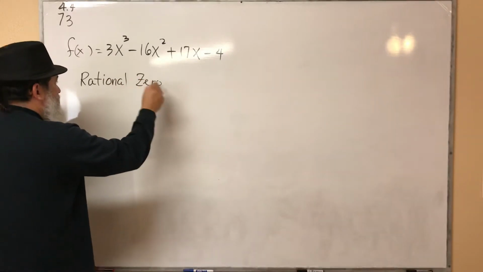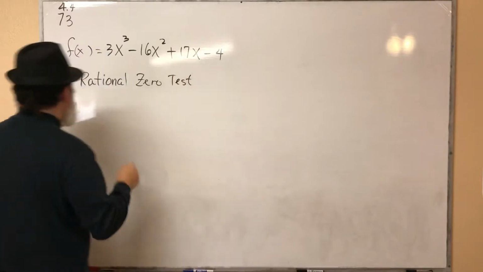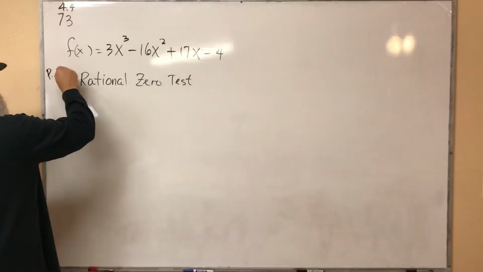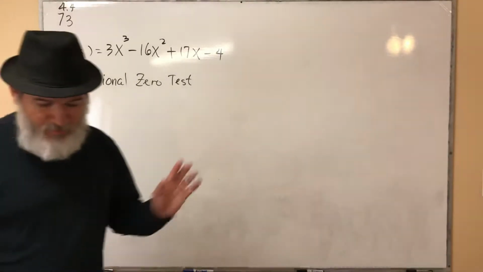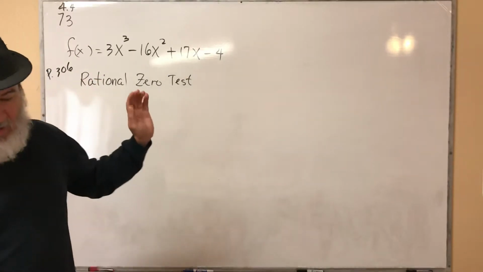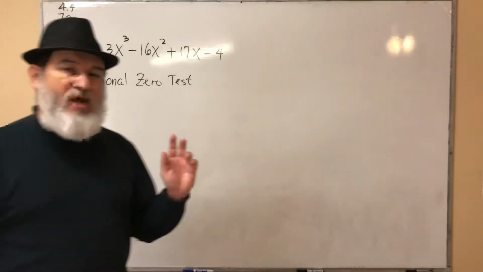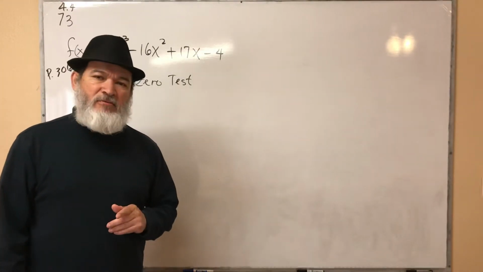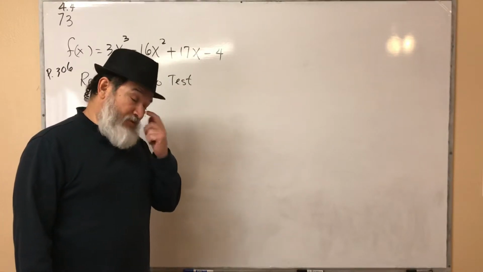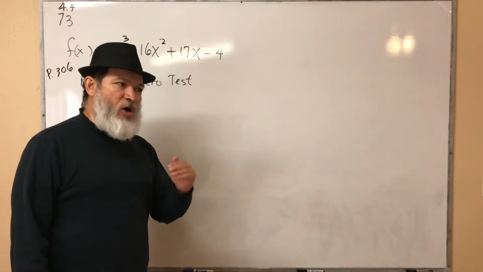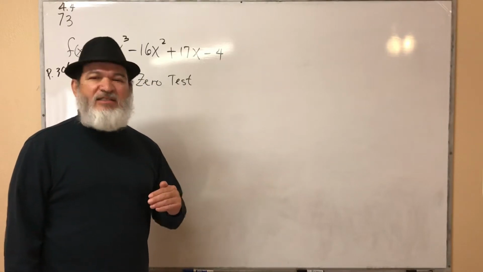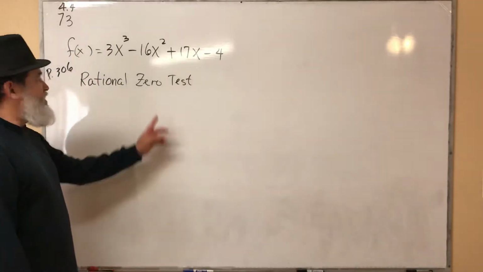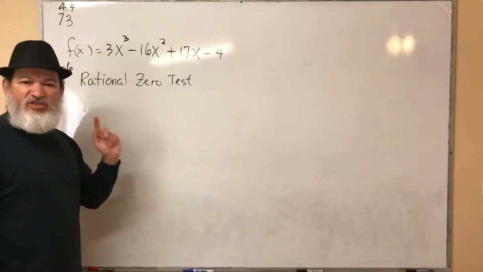Now what this means is this property is going to help us find the x-intercepts. In a few minutes you'll see why we rather call the x-intercepts zeros. So it's best to call them zeros. When I say the word zero, what I mean is the x-intercepts.